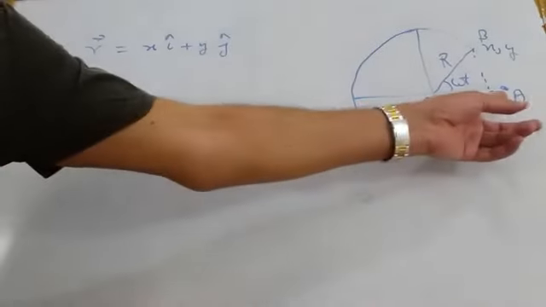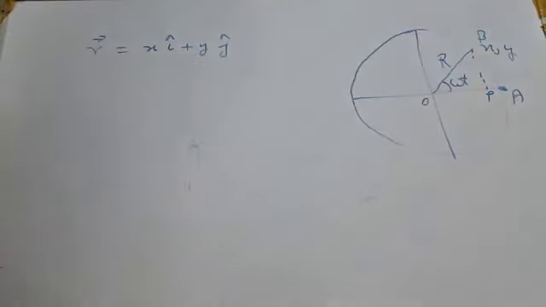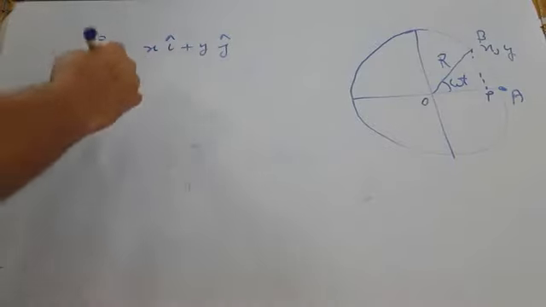X along the x-axis, y along the y-axis. i means unit vector along the x-axis, j means unit vector along the y-axis. So it is a position vector, and we have studied that the rate of change of position is velocity and the rate of change of velocity is acceleration. So we will use that property. First of all, we will substitute the value of x and y in this equation.